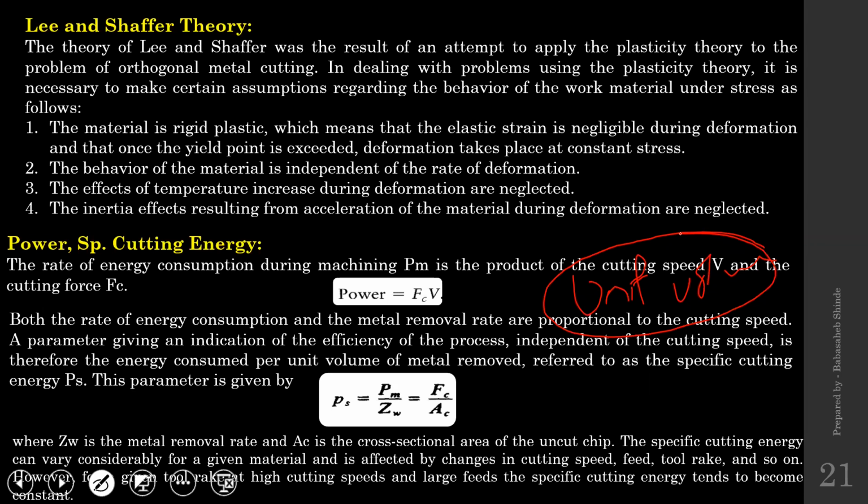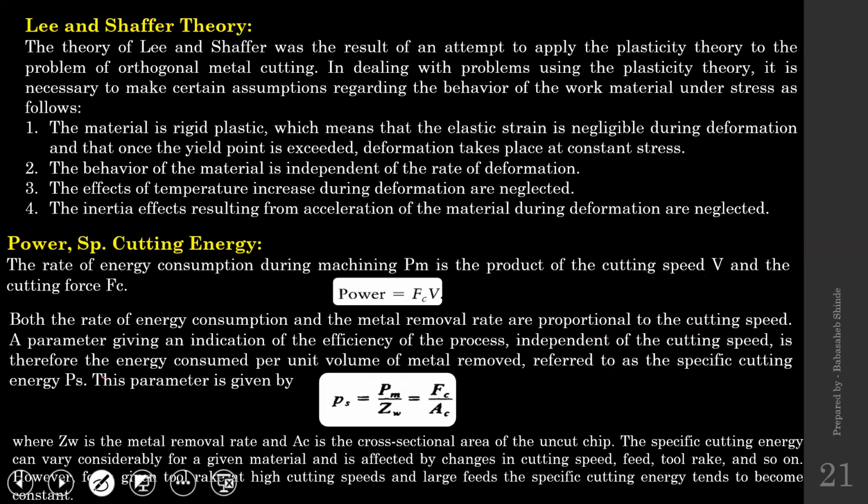To calculate it, the specific cutting energy PS is equal to PM, the power or total energy consumed, divided by the material removal rate ZW. If I take the ratio of those two, I will get the energy required to remove unit volume of material. So that is nothing but the specific cutting energy.